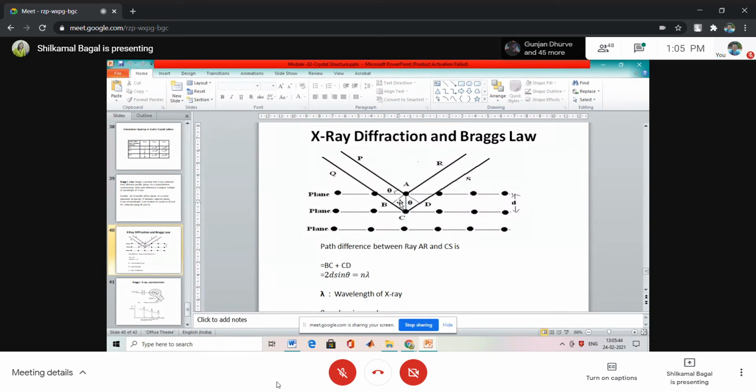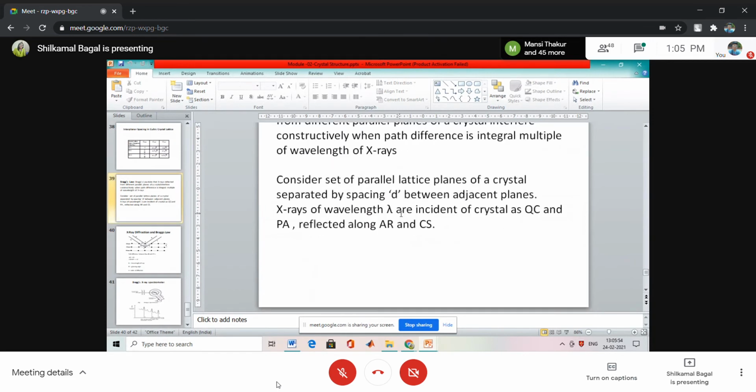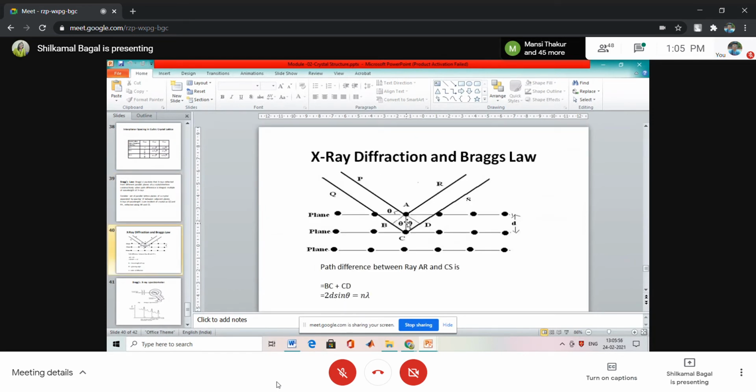See, from the first triangle ABC, what will be BC? By trigonometry, what will BC be? This is the right angle triangle ABC, and the angle at A is theta. So BC is the opposite side, and the hypotenuse is AC.